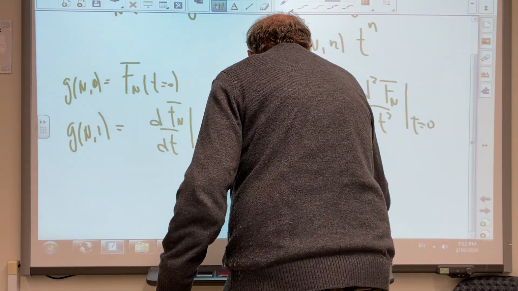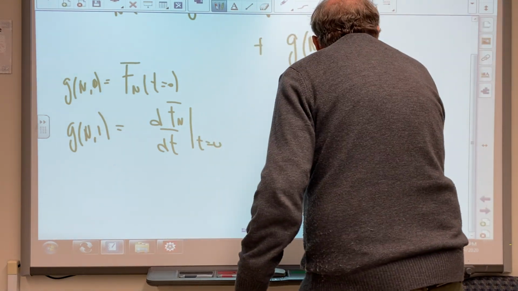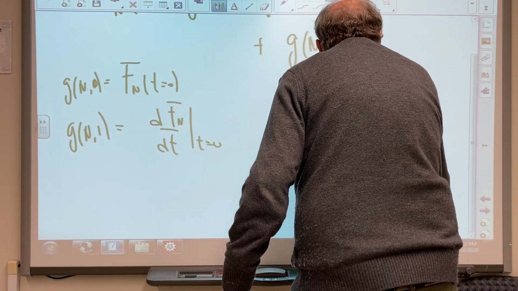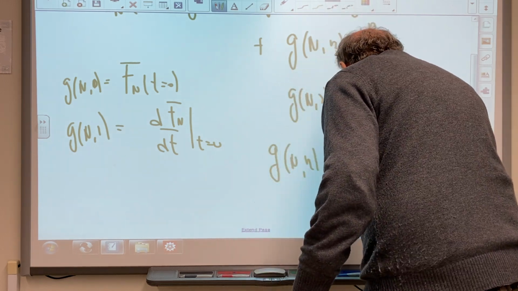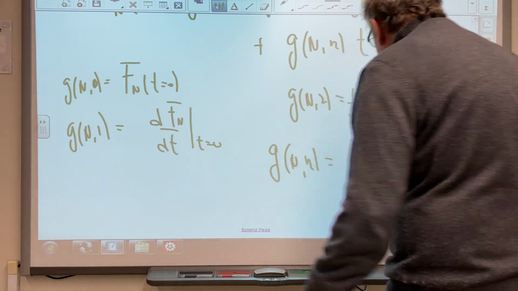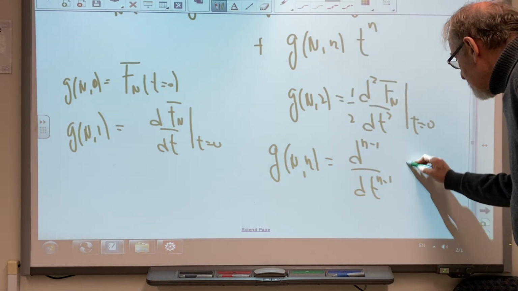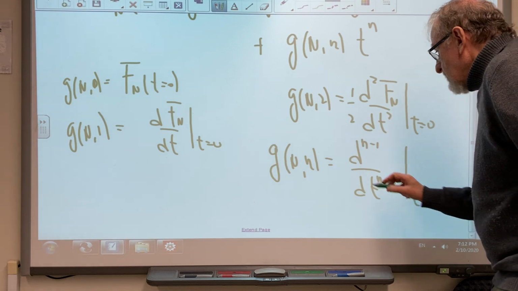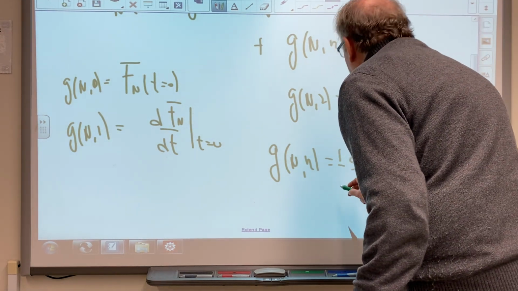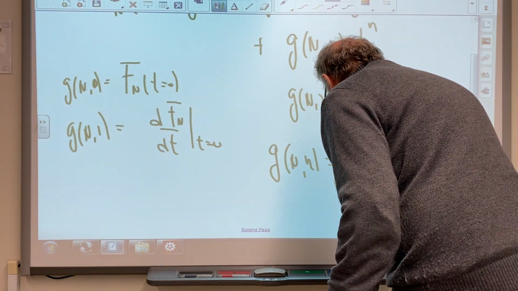G of n, little n, will be the little n minus 1 derivative of this function with respect to t at t equals 0, divided by the factorial of little n.